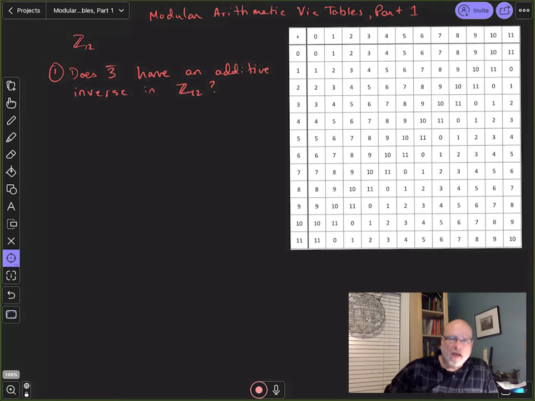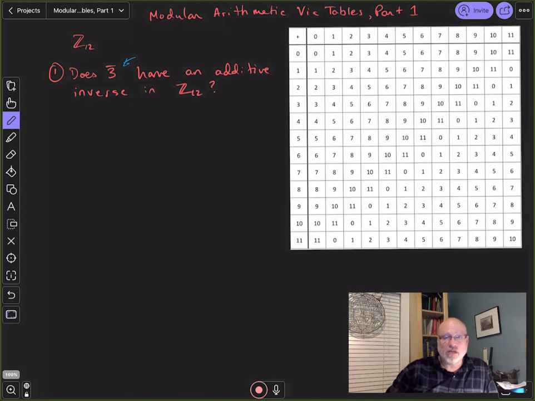Okay, so the first question I want to look at here is this notion of: does the congruence class of 3 have an additive inverse in Z12? You might remember what an additive inverse is. An additive inverse essentially is a number that we add to another number and the sum is 0.